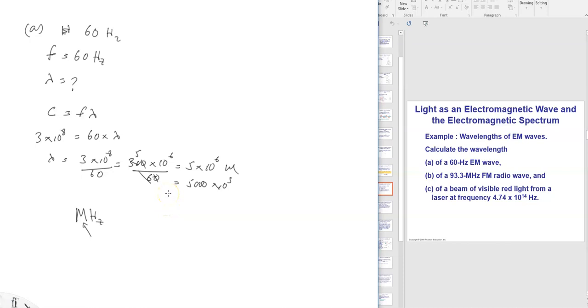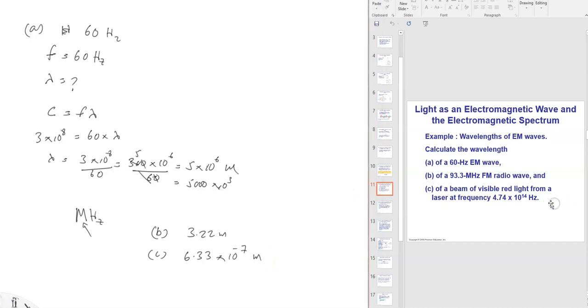So you can have an idea how the length of the visible light is pretty small, in the nanometer range. So I'll give you the answers. B is 3.22 meters. C is 6.33 times 10 to the negative 7 meters. So see whether you can get these answers. Okay. Alright, moving on.